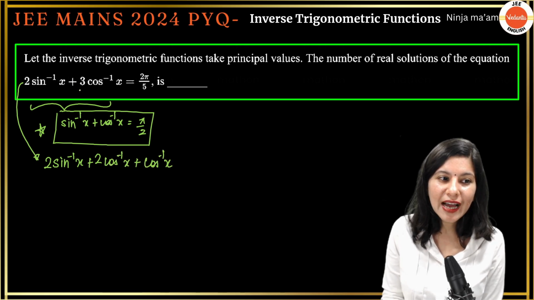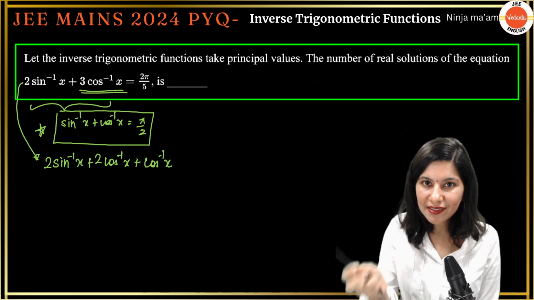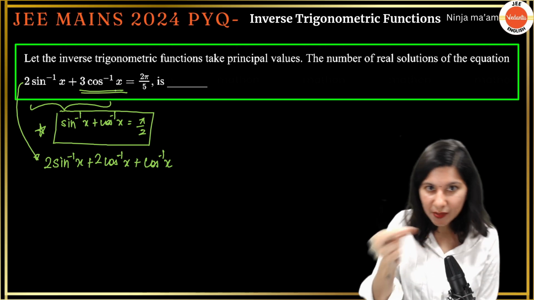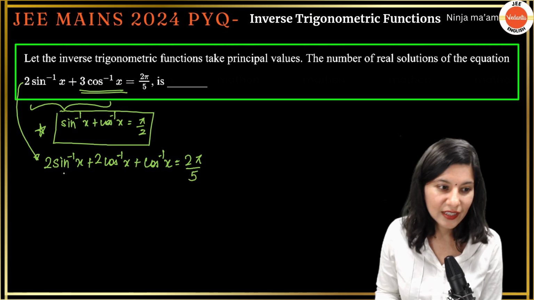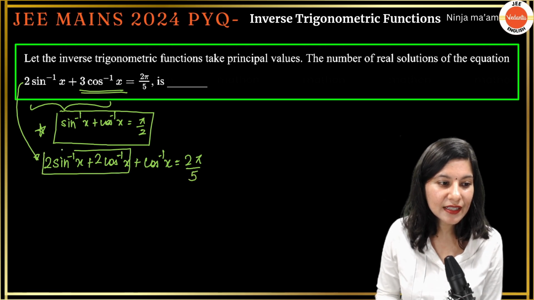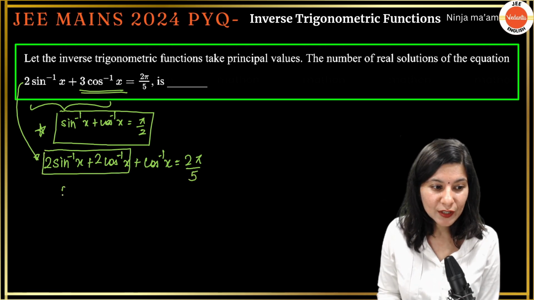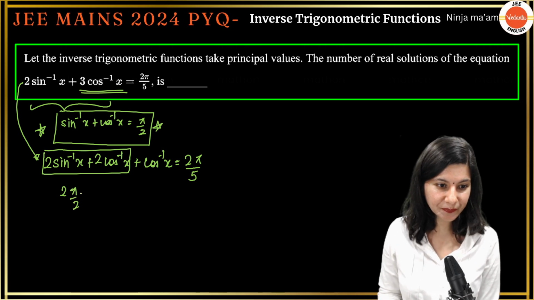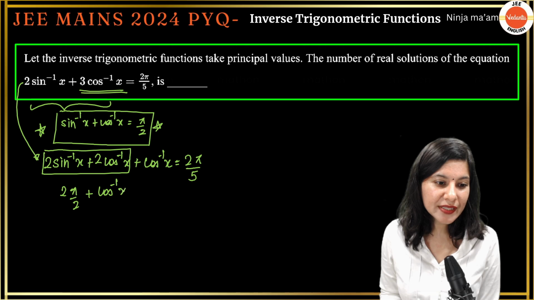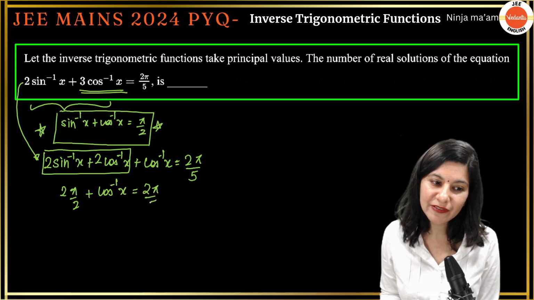So what did I do? I just wrote 3 cos inverse x as 2 cos inverse x plus cos inverse x, and that is going to give you 2 pi by 5. And this is 2 times pi by 2, by using this identity, correct? Plus cos inverse x equals 2 pi by 5, correct?